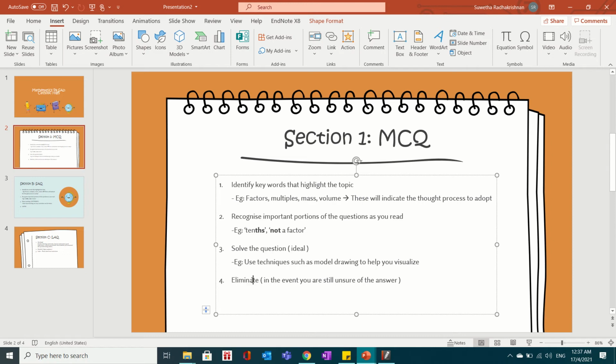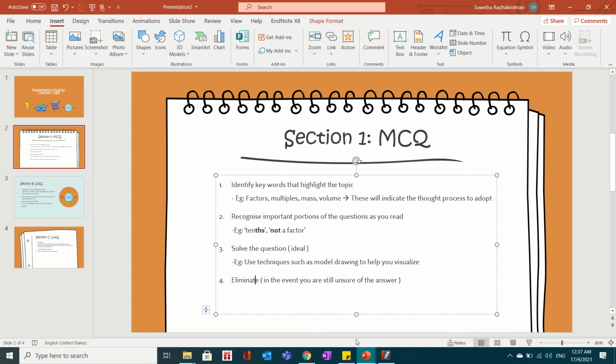Ideally, for any math paper, our main aim or focus is going to be to solve the question, just so we can make sure that our answers are accurate and correct. And in the event that we are not able to solve the question, one should realize that you should not spend too much time on it during the math paper, but instead move through elimination and find the best possible answer and then move ahead with it.